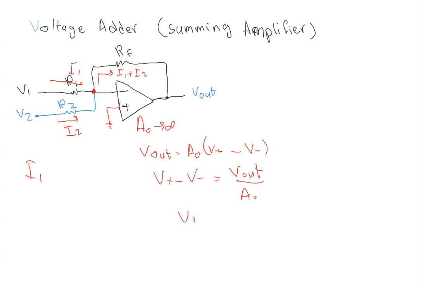So therefore V plus equals V minus, assuming that A0, the open loop gain of the amplifier, is infinity. Now therefore this node is acting as a virtual ground.